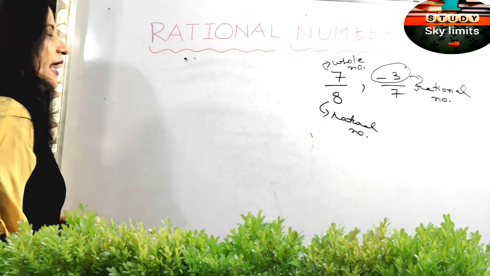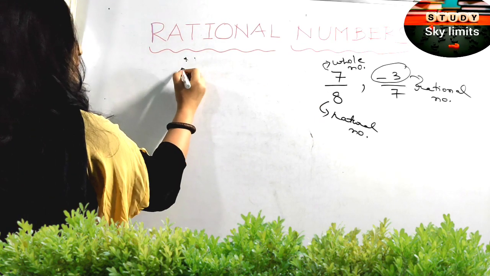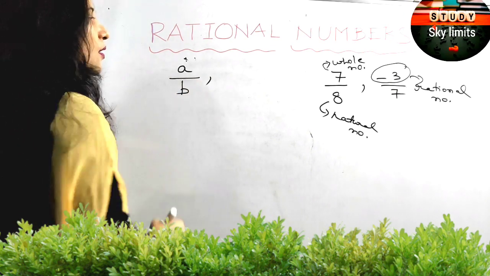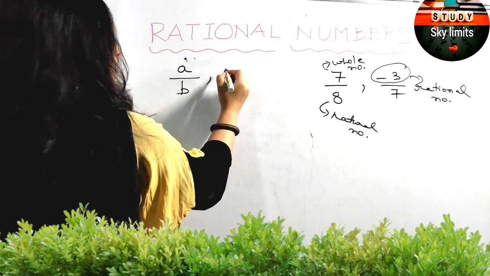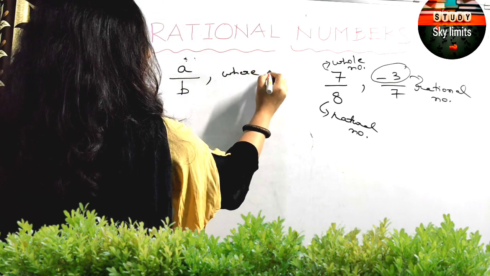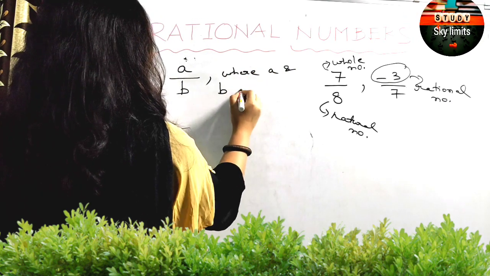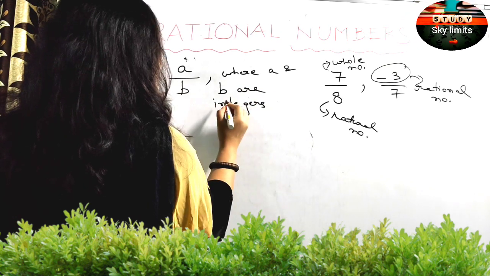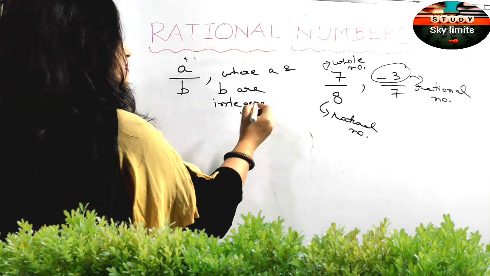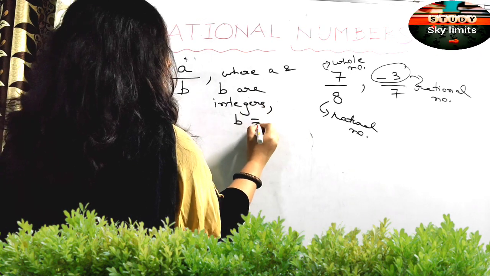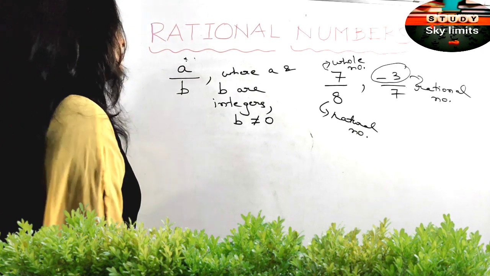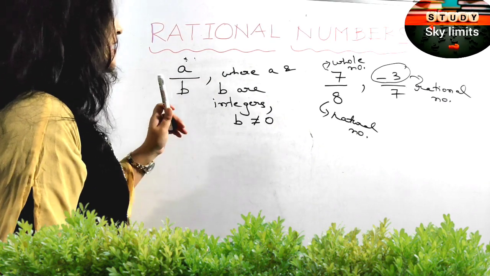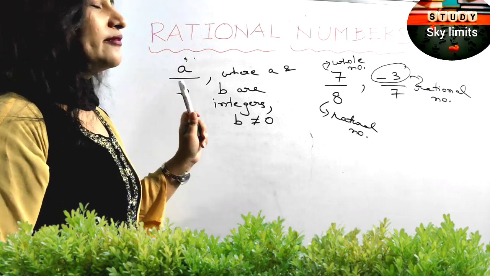Any number which is in the form of a by b or p by q, whatever variables you can give it, where a and b are integers, and b should never be equal to 0, then this type of number is called a rational number.